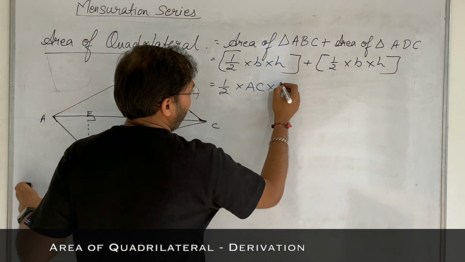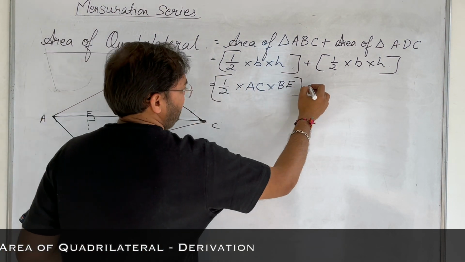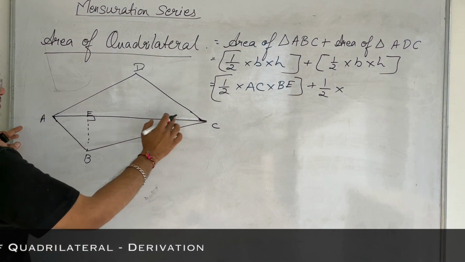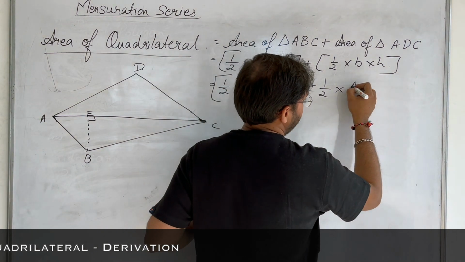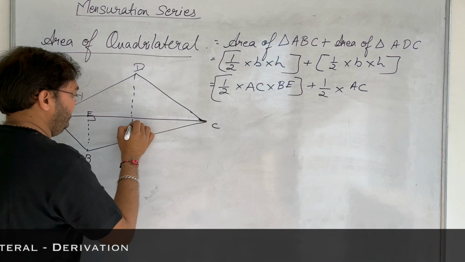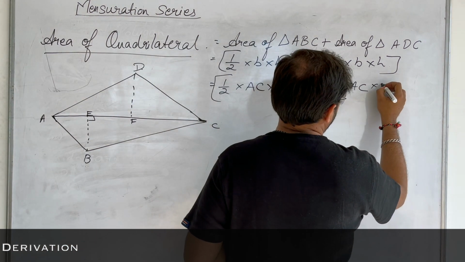So BE is my height in the triangle ABC. Same way, plus half into base. Now in ADC, it's very simple that AC is going to be my base. Same way, to find the height, I'll drop one perpendicular line from D, naming the foot F, that is DF. So in the place of height, we'll write DF.